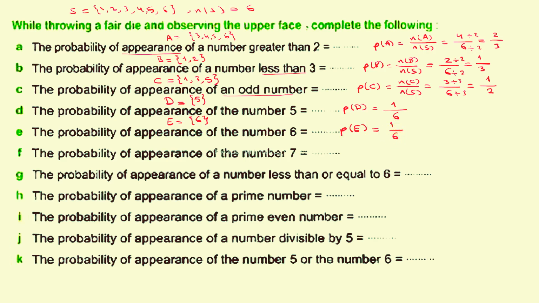Letter F, the probability of appearance of the number 7. طبعا الداي معلوش number 7، يبقى هنا الايفنت نفسه event F هنقول phi empty set.